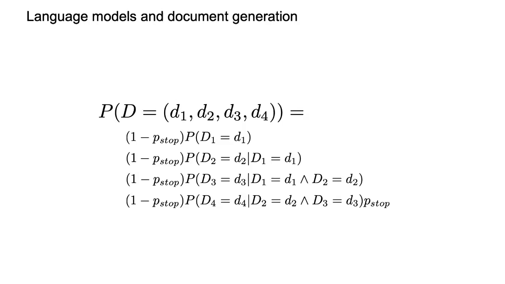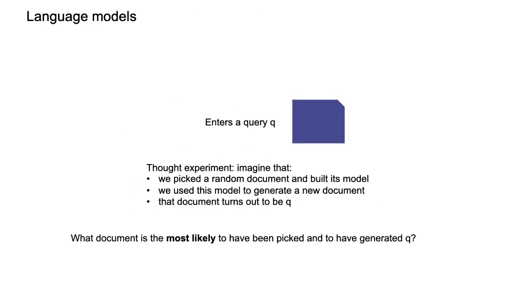Assumption in there, I dropped D1. This is because of the Markov rule, in that case with order 2, because we only remember the 2 previous words. And then P stop, that's actually stopping. So this gives you a probability distribution on what you generate. And so you get a ChatGPT-like output.